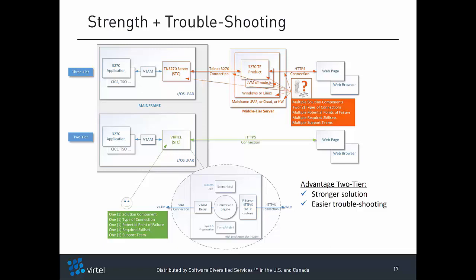Instead, with a 3-tier solution, the multiple solution components create multiple points of failure, and you will need multiple skill sets and multiple support teams to debug a situation if one arises.